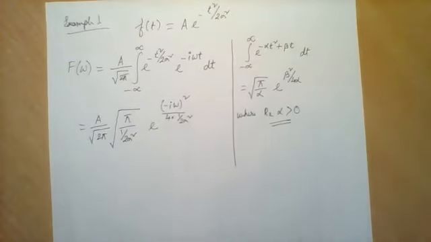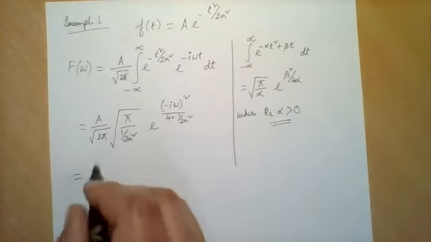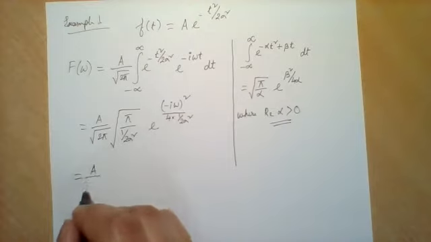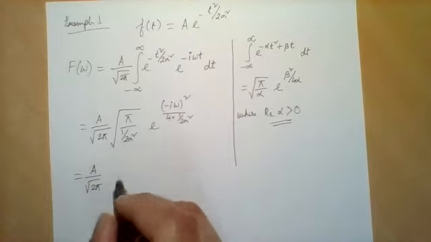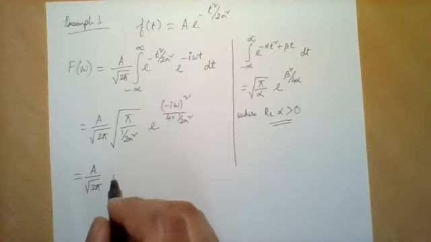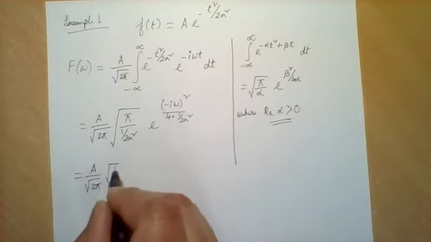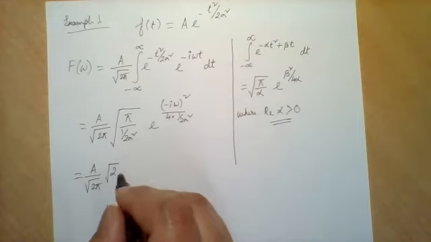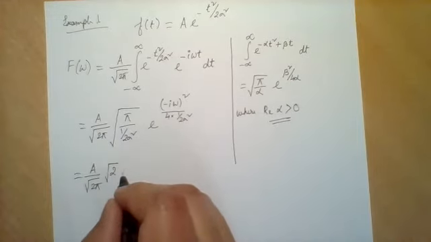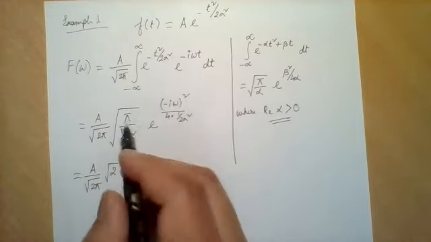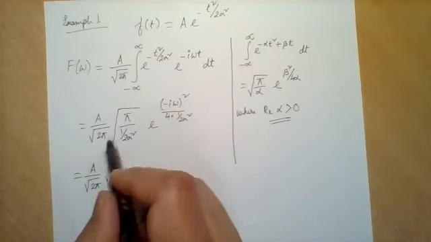Okay, so let us simplify this. This is equal to a by root over twice pi, root 2 sigma. This root pi and this root pi, they cancel out.